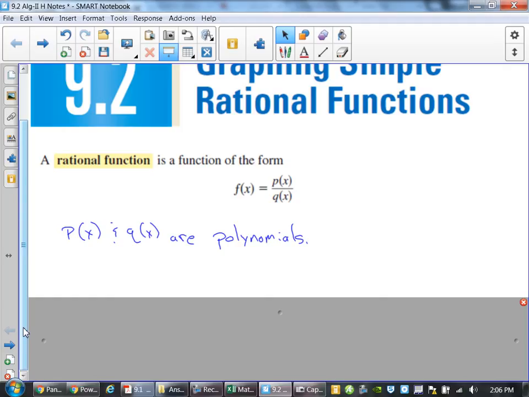So, the first one we're going to look at is the most basic rational function, y equals 1 over x. And I want to walk you through how we graph y equals 1 over x.